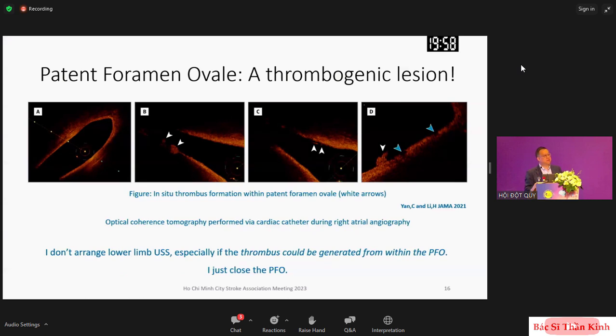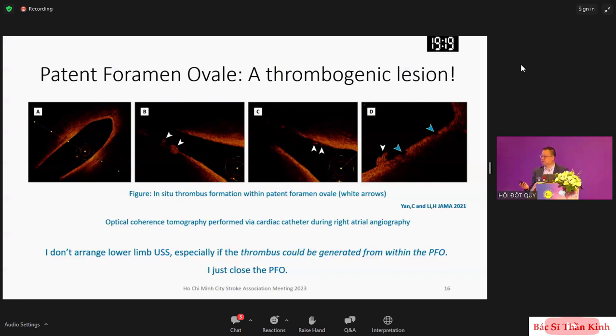And what makes it even more complicated is the research which suggests that the patent foramen ovale itself can create clot. It can be a thrombogenic lesion in and of itself. And these are images from optical coherence tomography. They do a cardiac catheterization procedure and then image the patent foramen ovale, and you can see some in situ thrombus formation on the patent foramen ovale itself, which means the clot doesn't embolize from the right-sided circulation, it embolizes from the PFO.